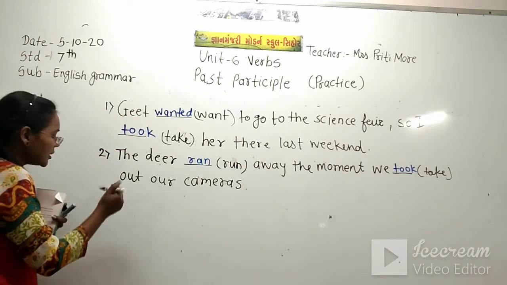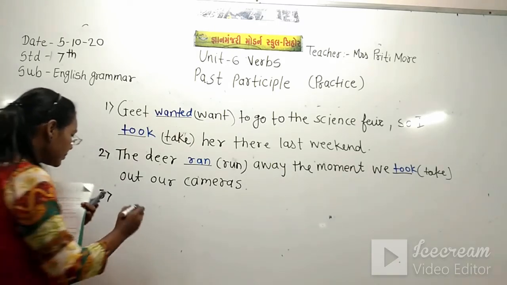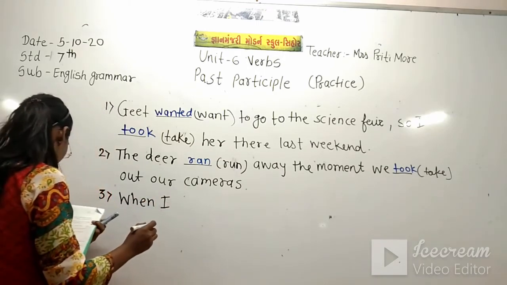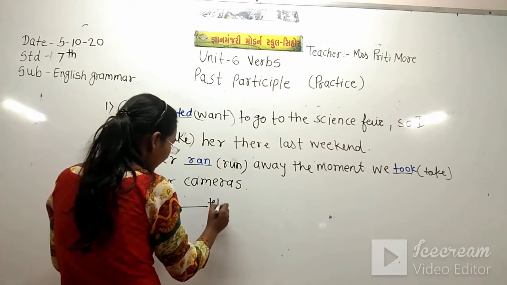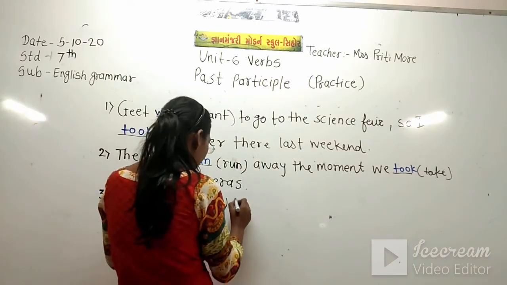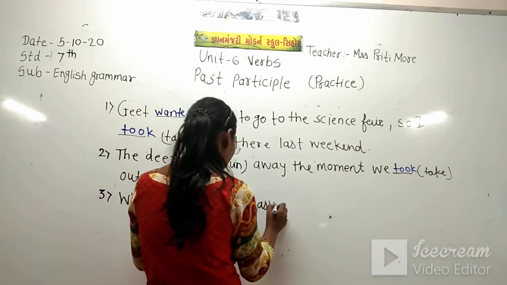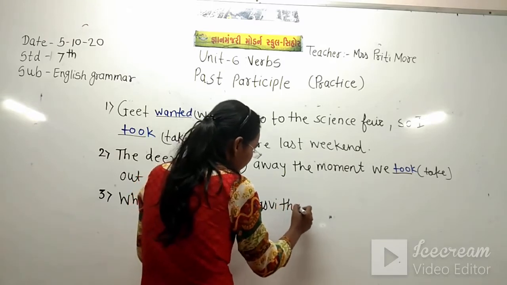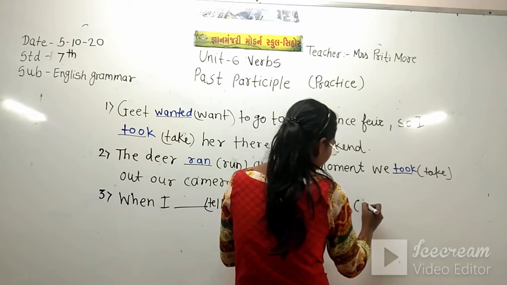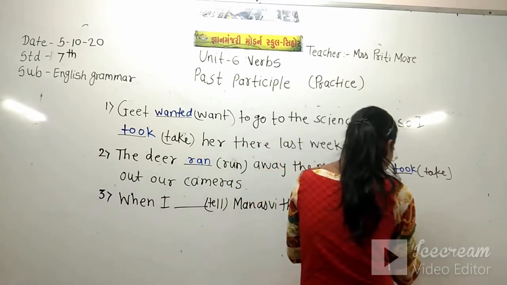Now the third one is: When I, blank space, in the bracket tell, Manasvi that I, blank space, in the bracket like, reading.